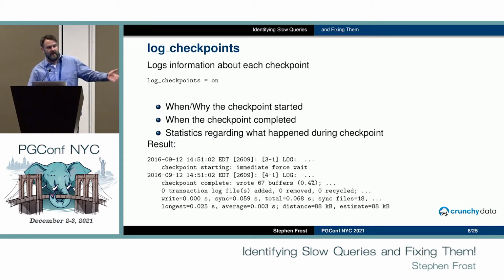Every time you do a new page modification, that becomes a new full-page image inside of the write-ahead log. So if we're checkpointing every 10 seconds and you're updating 1,000 pages every 10 seconds, you're going to be writing 1,000 times 8K every 10 seconds. That's a lot. Increase your max_wal_size, and that's going to help a lot.